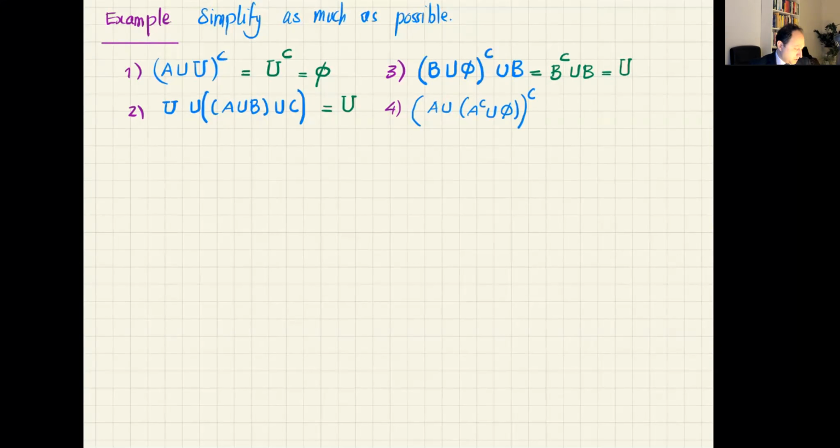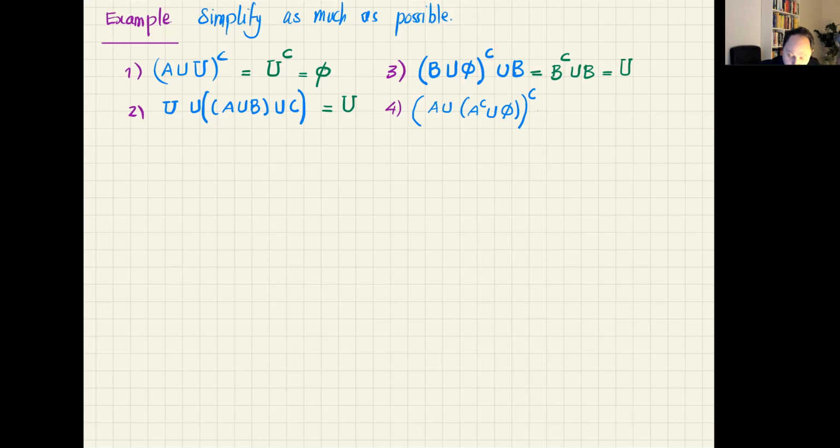We need to do it step by step, yes? Is it the empty set? Yes, thank you. That's the empty set.